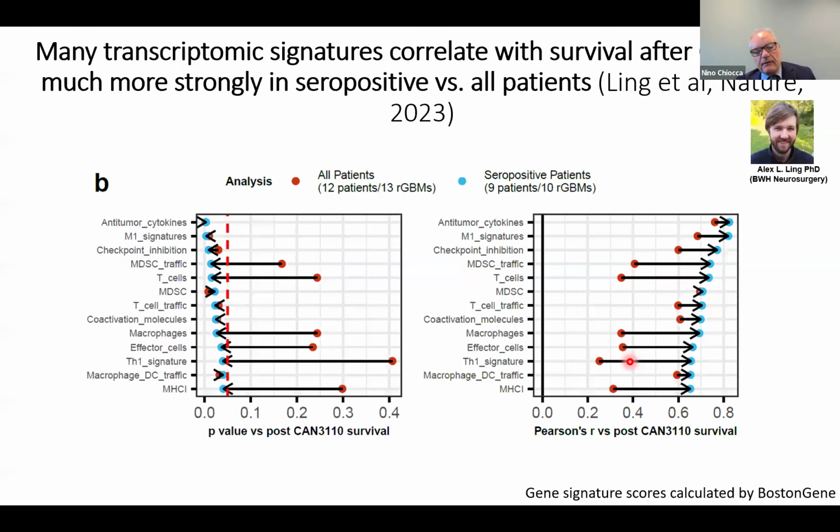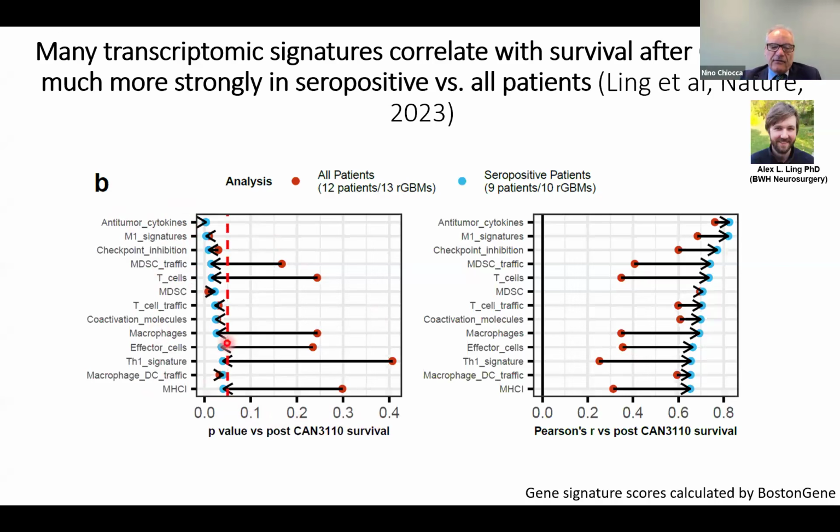These are a little bit complicated graphs, but here we're looking by bulk RNA sequencing at what happens to transcripts in the tumors after injection of the virus. Basically, these are the tumor signatures we carried: anti-tumor cytokines, M1 signatures. So these are all immune signatures. On the x-axis, I put a p-value.